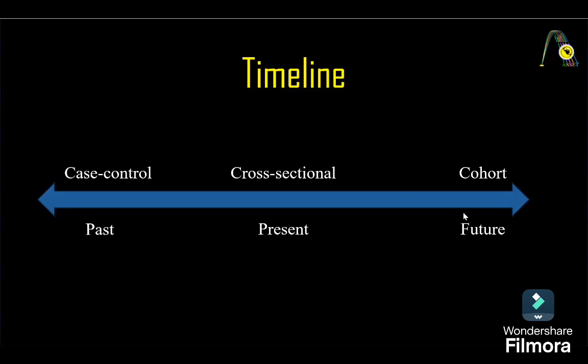And you also look at participants that don't have those risk factors. So you're looking at the future, you do not have any cases yet, but you are seeing how many of those participants end up becoming cases. And the statistical method that is used to calculate risk for cohort studies is relative risk. So case control, know that it is odds ratio. Cohort studies, know that the statistical test that's used is relative risk. That is important to know, okay?